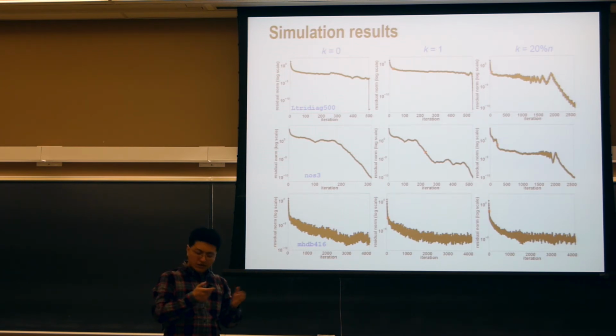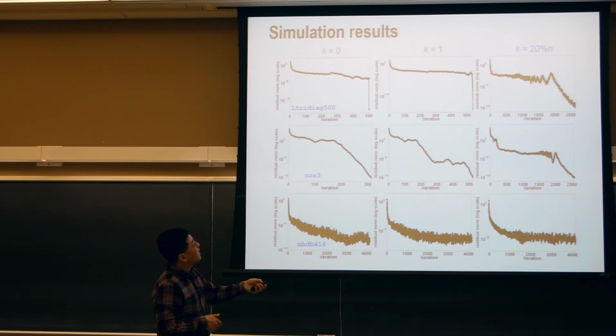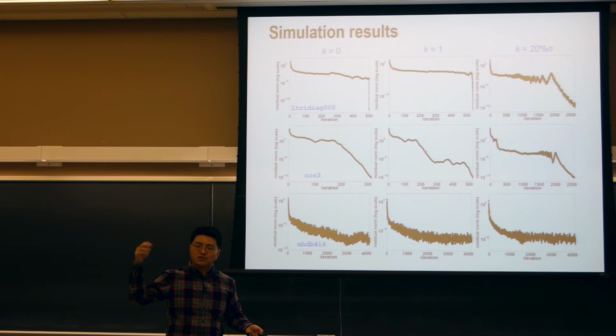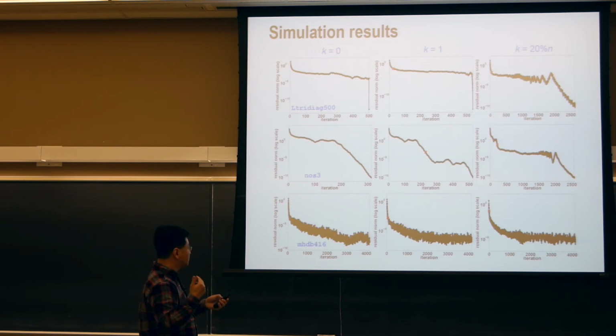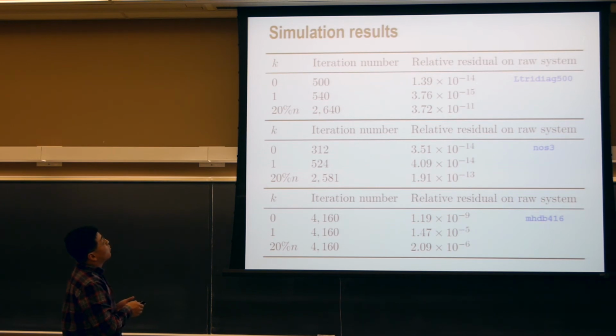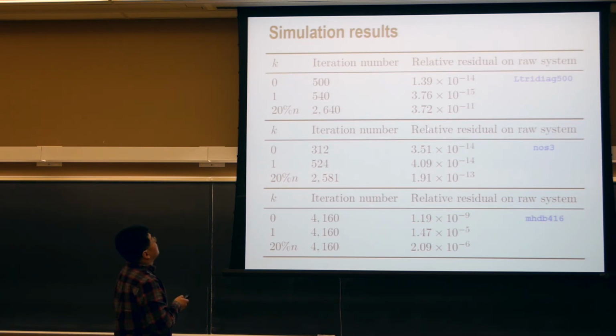So let's see how it behaves if I take the solution here, decode it back, and claim that's a solution to the raw system. Here it shows the relative residuals on the raw system using the solution we decode from the fault oblivious computation. We can see that for these two cases, whether one fault or many faults happen, we can achieve a very accurate solution on the raw system.